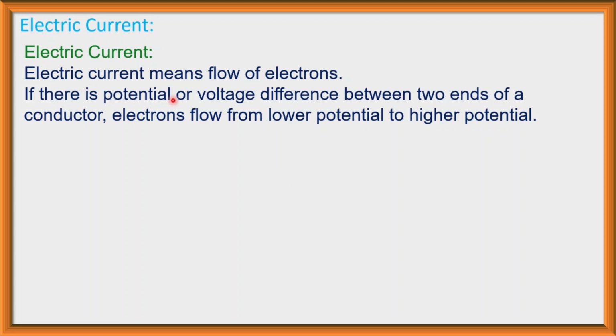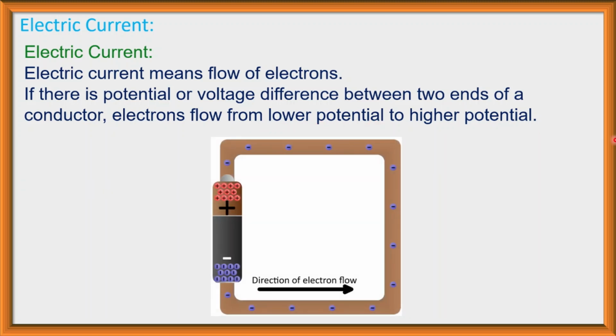If there is potential difference or voltage difference between two ends of a conductor, electron flows from lower potential to higher potential. Here positive potential and it is negative potential. So it is lower potential and it is higher potential. This potential is due to positive charge, so positive potential, and here potential is due to negative charges, so it is negative potential, and positive potential is higher than the negative potential.